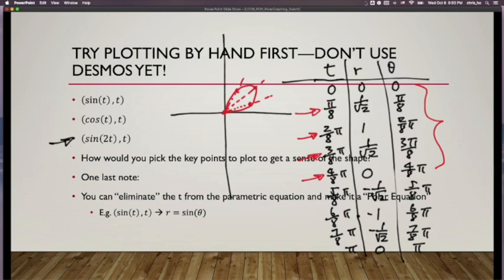As the angle keeps increasing, so now we are over here, it's going to be a negative length, which means it's going to go in the opposite direction. So it's going to go this way at roughly 0.7.